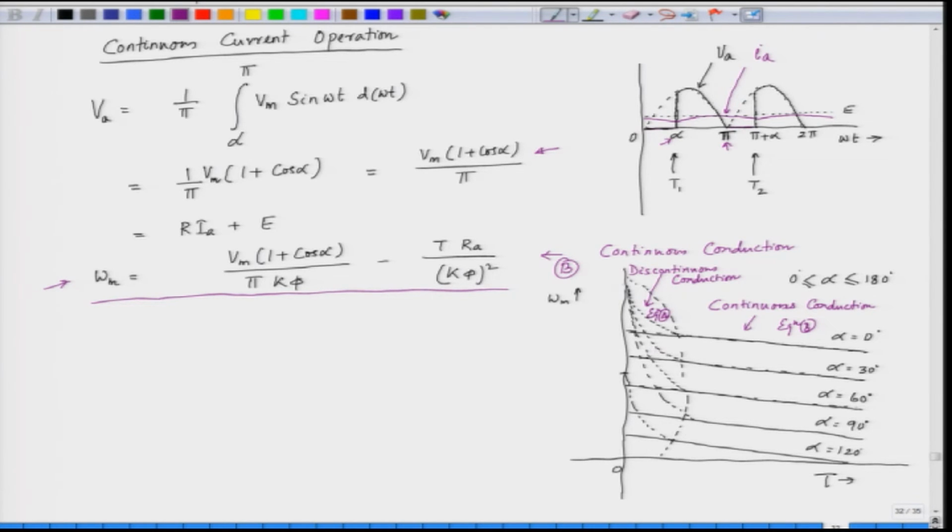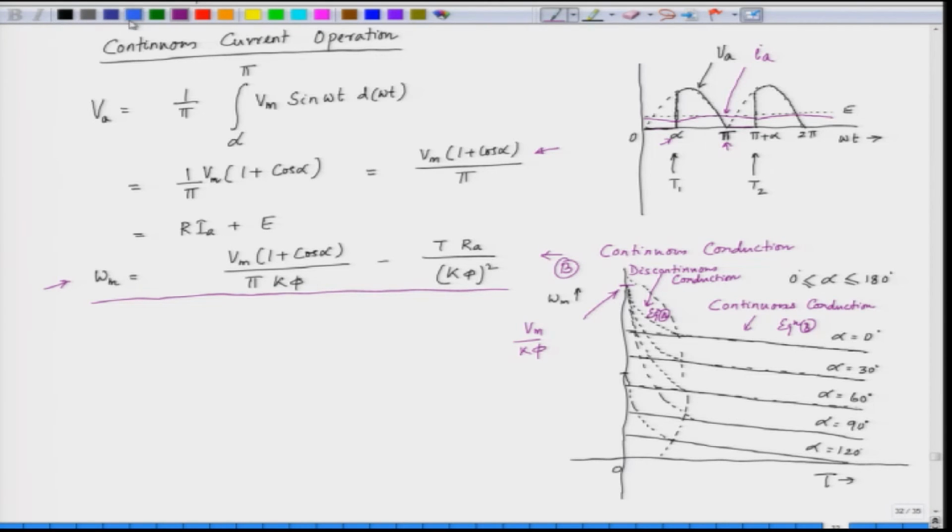So, now the no load speed for discontinuous conduction will be, for alpha from 0 to 90 degree, V m by k phi. This is the no load speed.